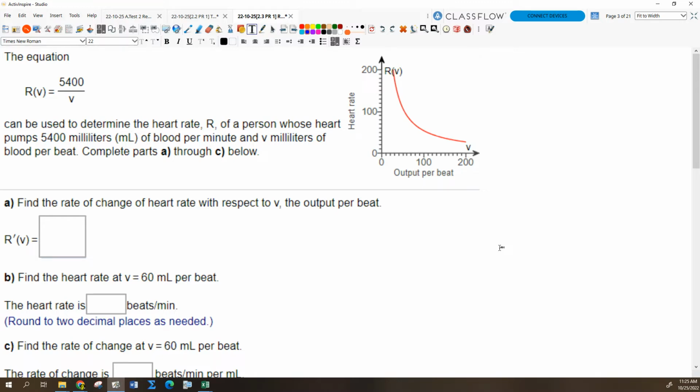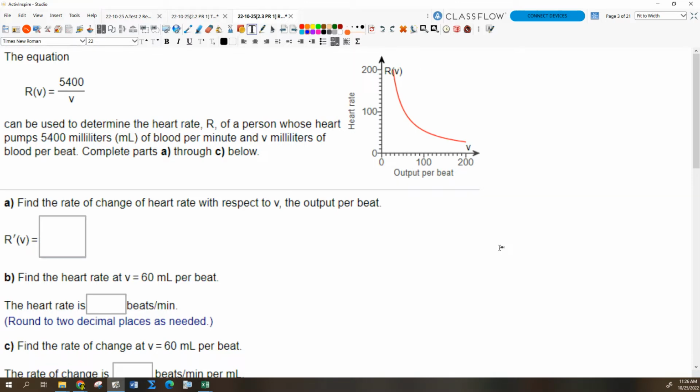Is it going to be constant? As the volume per beat increases, what should you expect the output to do? If the total volume that's being pumped per minute is staying constant. If you're pumping more per beat, what's going to happen to the number of beats per minute?